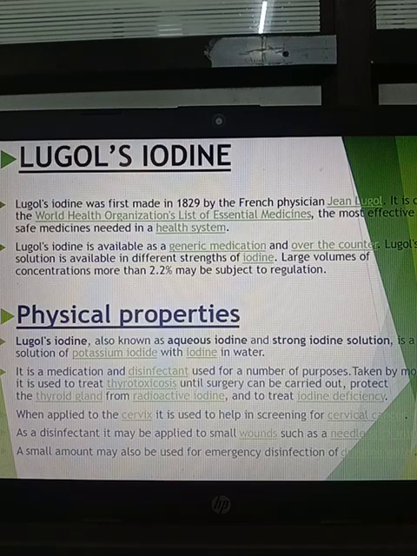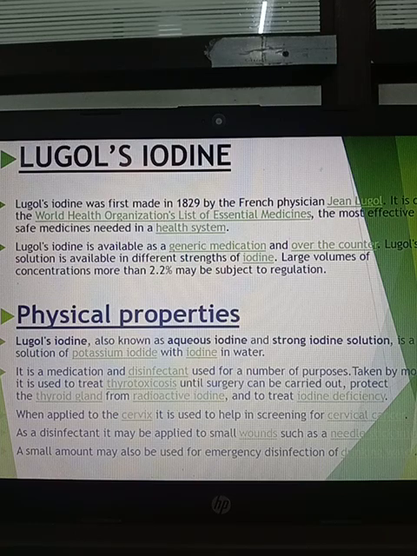Now coming to one of the important solutions, that is Lugol solution, which was introduced by a French physician in 1829, and it's used as a solution of iodine and an over-the-counter drug, 2.2%. It is potassium iodide and iodine in nature.